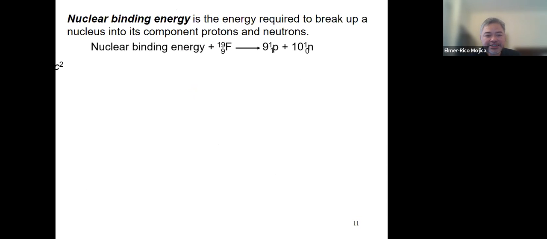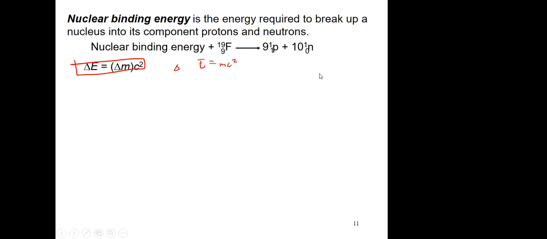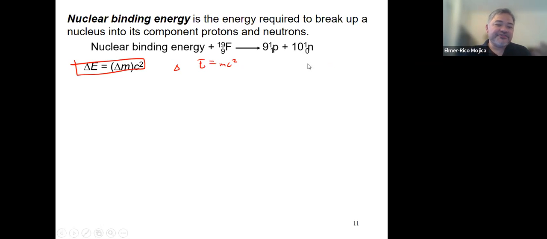Now, the nuclear binding energy. You're familiar with this equation, right? Who developed this equation? Anyone? Einstein. And do you know that this is the fundamental explanation of the so-called nuclear energy?